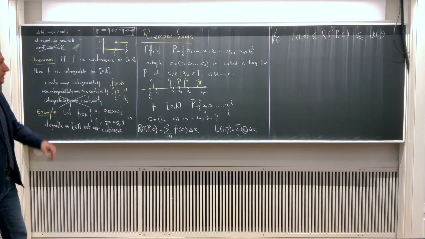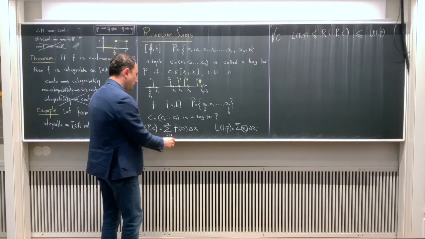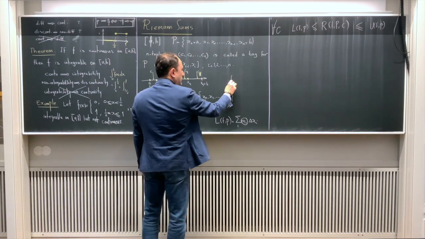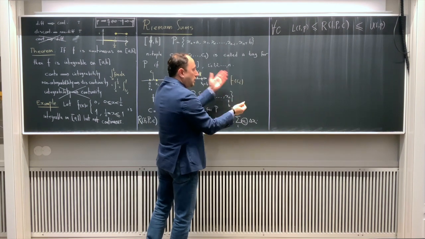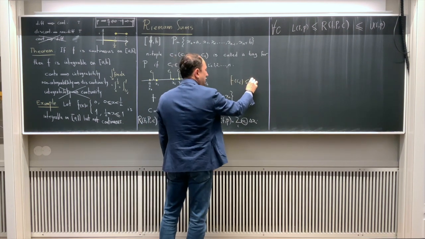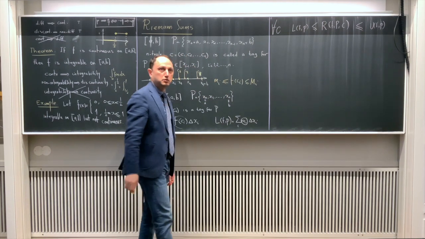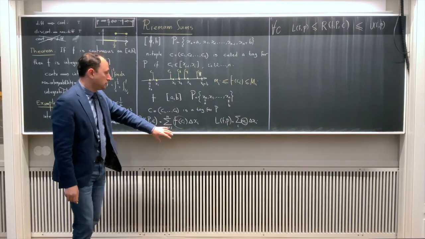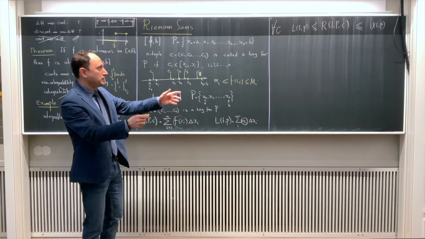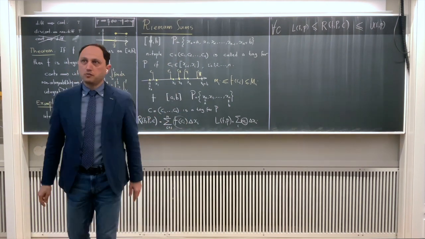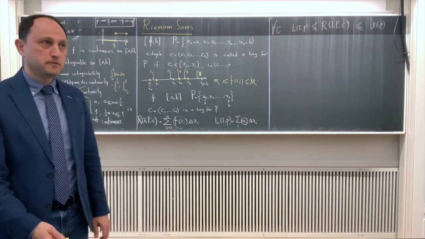So this we know. Why is that? Because I told you that f of ci, whatever ci is, it doesn't matter, is always less than or equal to the maximum, and always greater than or equal to the minimum. So term by term, these terms are sandwiched between those terms. So it means that the sum is also sandwiched between those sums, yes?